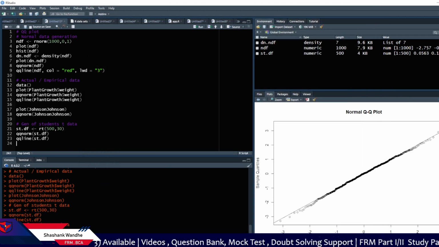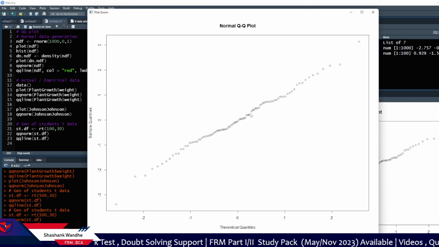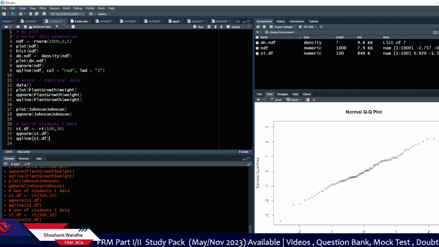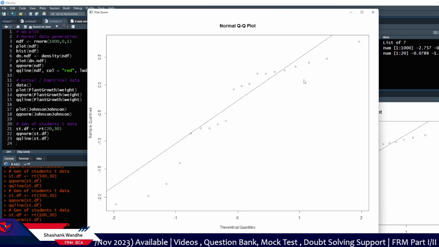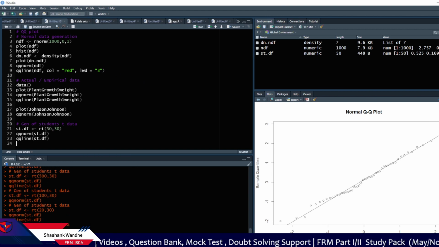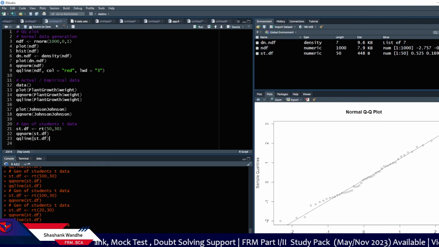If I rerun this, or just simply take 100, then it is slightly away from normality, and we can see the curves here like this. So this is how you can check your normality. Even with the Student's t distribution, I'm taking 100 samples. If I take 20, then your graph won't look proper. With 100 samples, it will automatically approach normality, right? So that's all about the QQ plot.